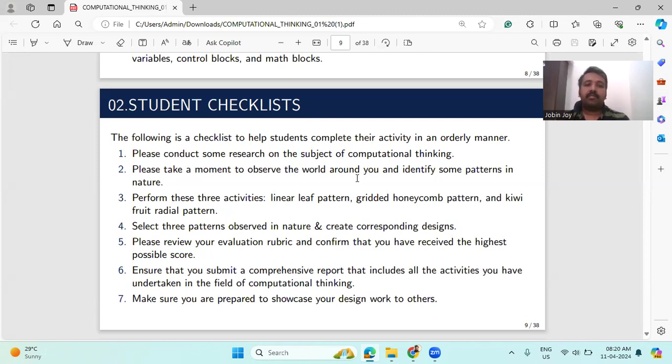Then the third one is perform these three activities: linear leaf pattern, gridded honeycomb pattern, and kiwi fruit radial pattern. These three design solutions are common to all the students.